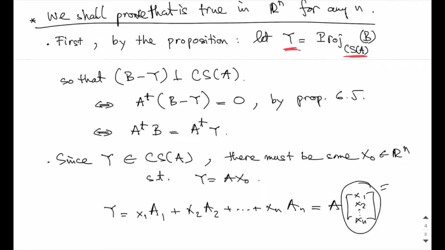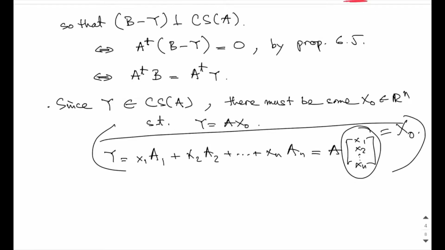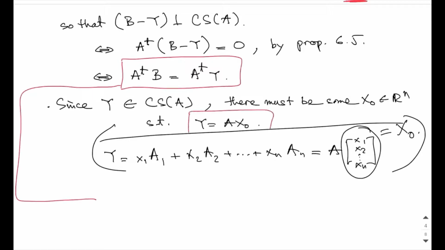This is going to serve as your capital X0. And so this result, together with this result, implies the fact that A transpose times B equals A transpose times A x0.